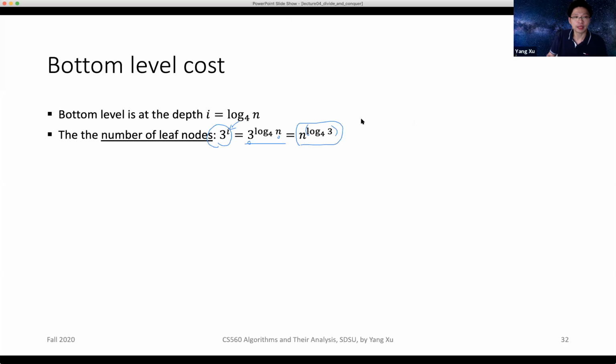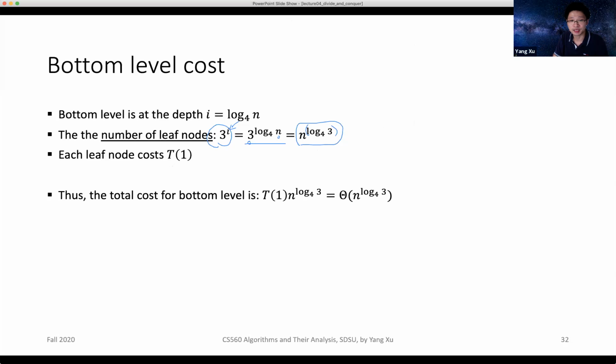All right, so that's the bottom level cost. The bottom level is a bit special, and we know that the cost for the smallest case can be described by capital T of 1, which is usually a constant time.